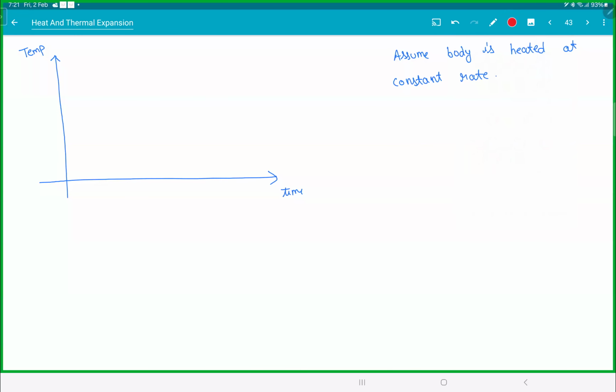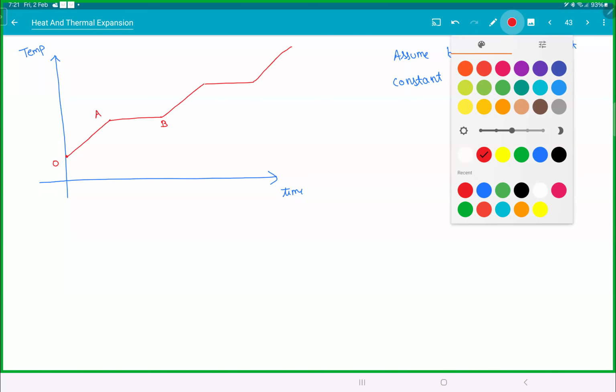Initially, you start with some temperature O, your temperature rises till A, then it becomes constant till B, again it rises, again it becomes constant, again it rises. So this is how it goes through.